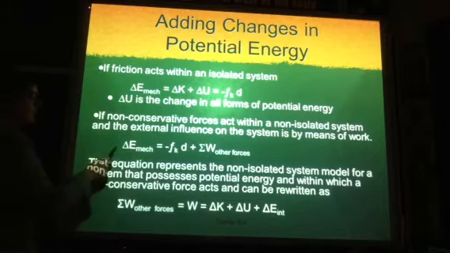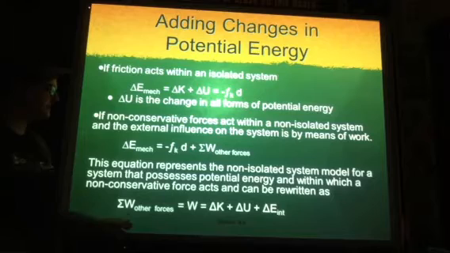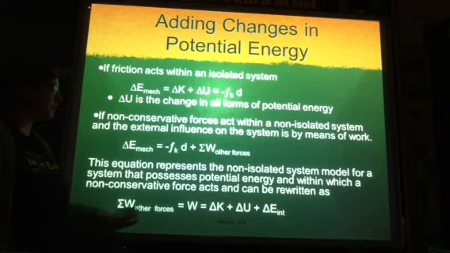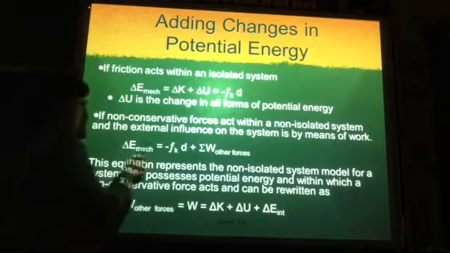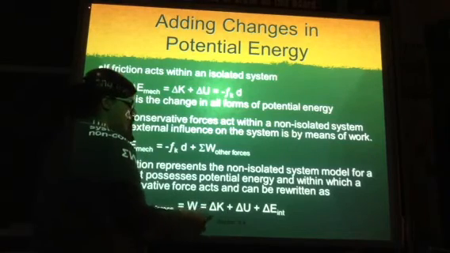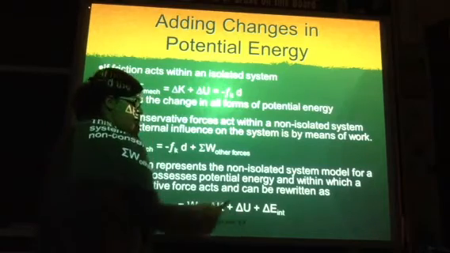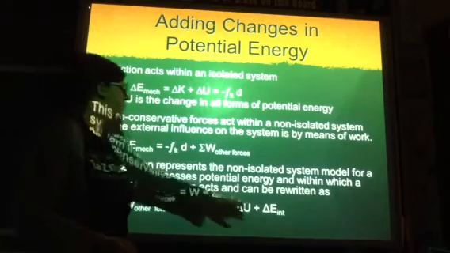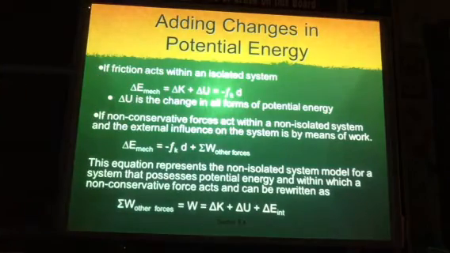So we can rewrite this equation down here. I can also say that the sum of the work done by all of the other forces is simply equal to the change in kinetic energy plus the change in all of the potential energy, and then plus my change in internal energy, which is just friction.